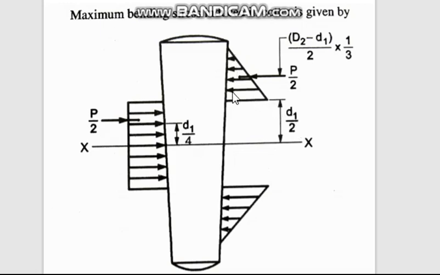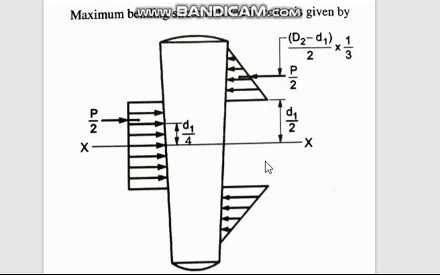And what is this distance? The total is capital D2, and this distance is d1, so D2 minus d1, and half of it, and this distance will be 1/3 of it.